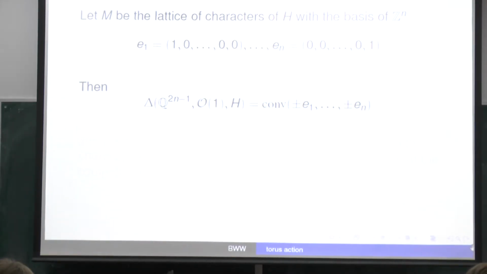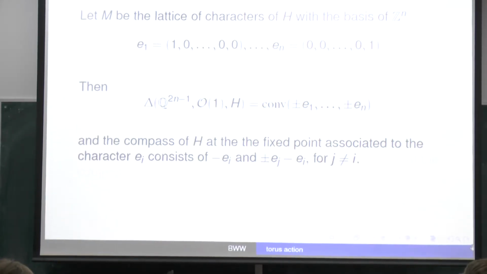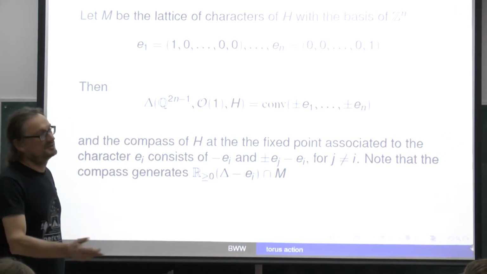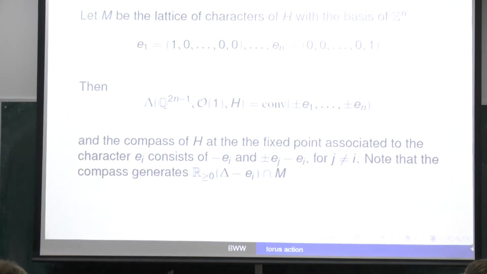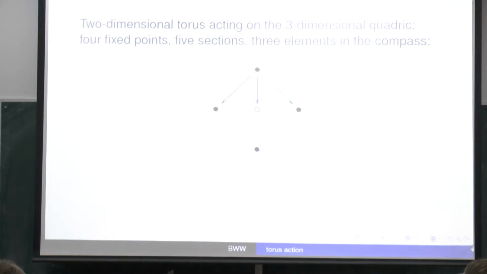Then, if you go to the compass, then you are supposed to understand what will be the derivative of this. Then it turns out, okay, let me show you the picture. So that's the first case of a three-dimensional quadric, which is not a toric variety.